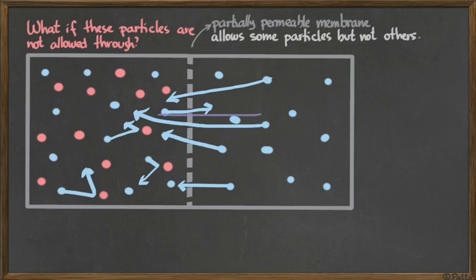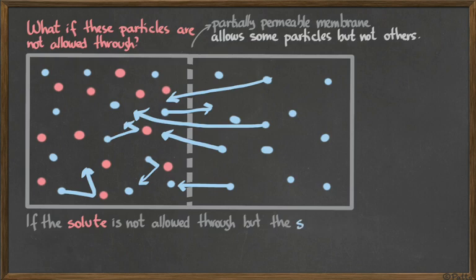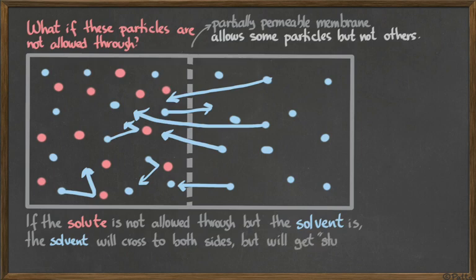Here we have a net movement going to the left in this example, because we have more water molecules moving to the left than we had going to the right. So if the solute is not allowed through, but the solvent is, the solvent will cross in both directions, but it will end up moving more in the direction where you have more solute, because the molecules take longer to move back to the other side.